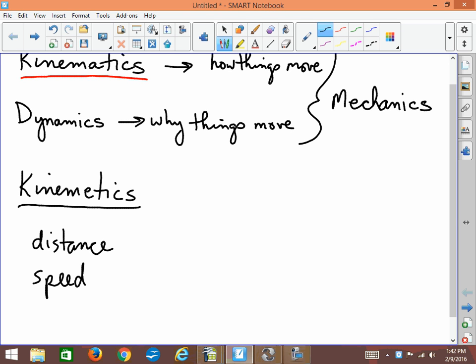You might also consider if it doesn't go nice and steady, maybe it speeds up and slows down, so there might be an acceleration. And of course, all of these things would happen in certain amounts of time. So we have these four concepts that at first seem extremely simple and straightforward. But as we'll see in a minute, they're not quite that simple, and there's a lot of confusion that we have to clear up right off the bat.